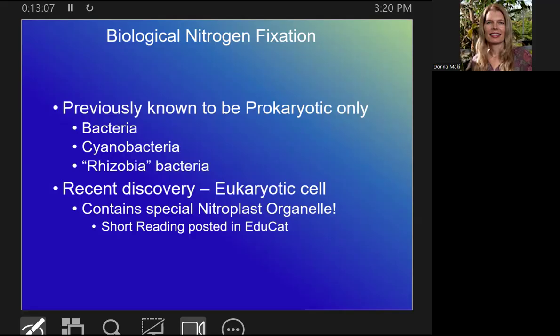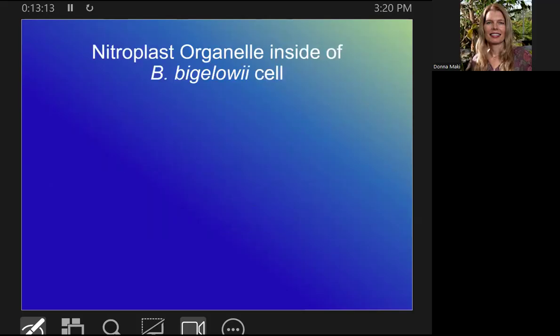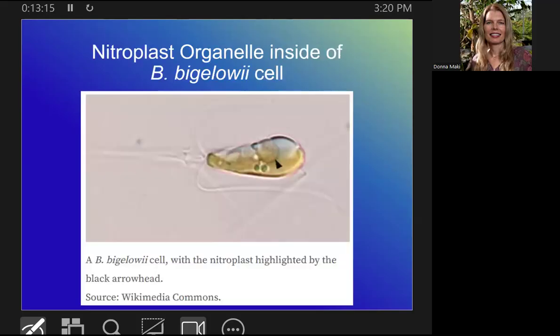So mostly prokaryotic, but just be aware that there is this case. It's an algae, so that's an algal cell. I don't know if you can see that black arrowhead. Do you see that from where you're sitting?